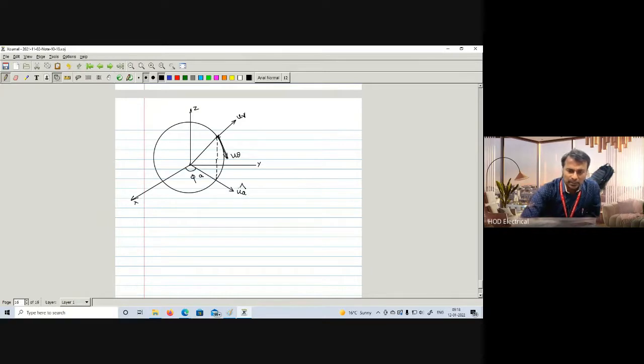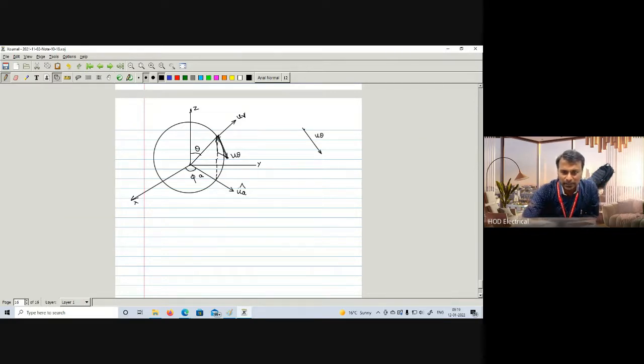Now if I take this point, we know this angle will be theta. Along this direction is u theta. This u theta is a contribution of u_a and the k vector.